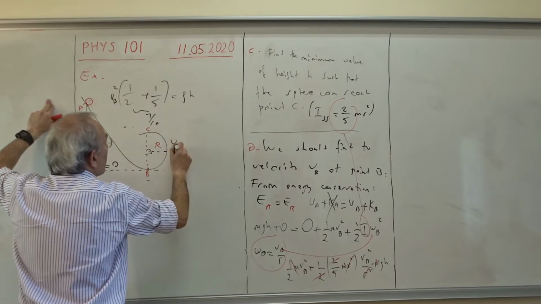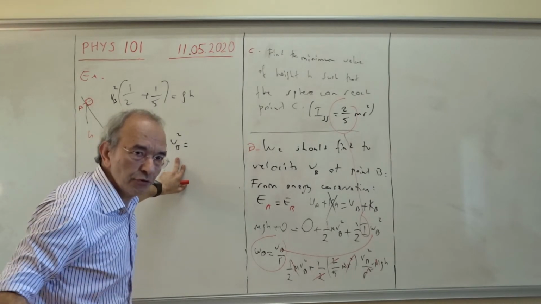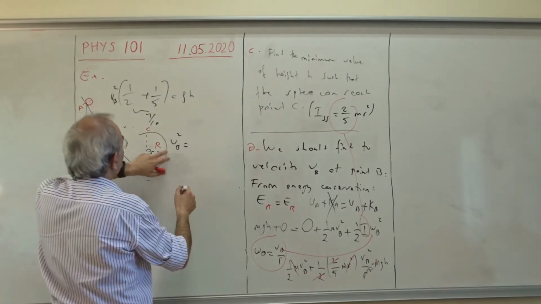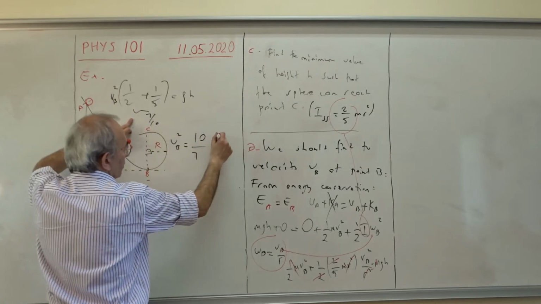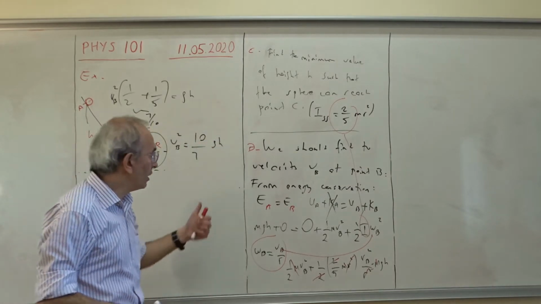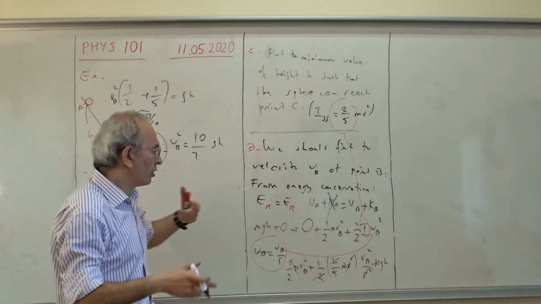Therefore Vb squared, we don't have to take the root anyway, we'll use Vb squared in the force equation. Vb squared is just 10/7 gh.